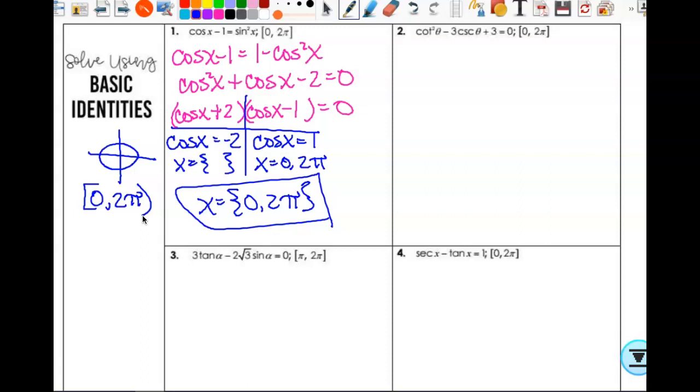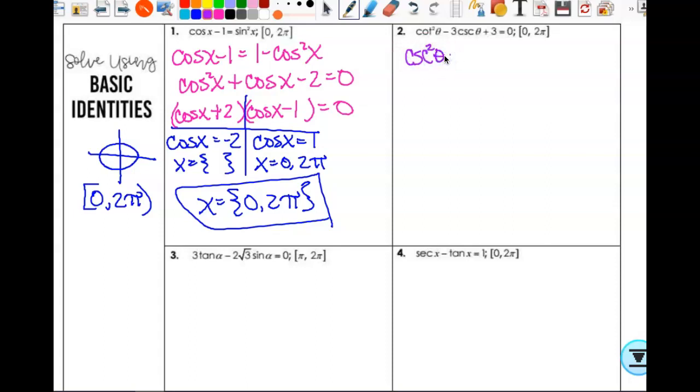So I have a cotangent squared and a cosecant. So this is very similar to this first one. I don't want to mix those in this way, so I can look at my chart, and what can I substitute cotangent squared for? Cosecant squared minus 1. Good.